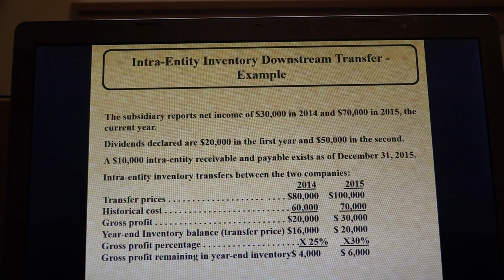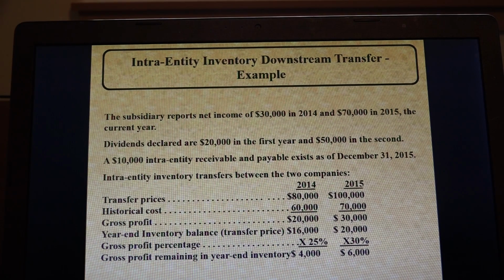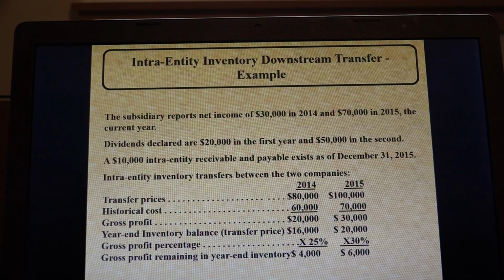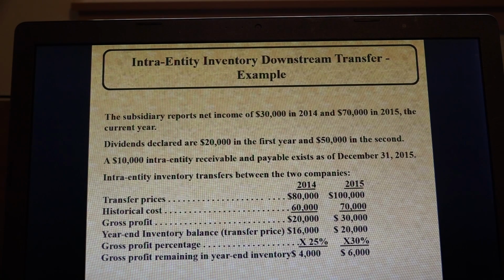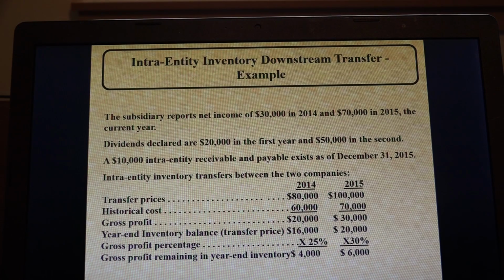In the ending inventory balance for 2014, you've got $16,000 still left, and so you've got a gross profit percentage of 25%. So you multiply the 16 ending inventory times the 25%, and you come up with a gross profit remaining in year-end inventory for 2014 of $4,000.